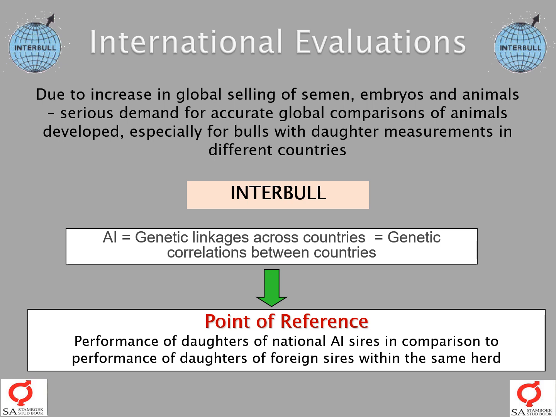And that is why it is so important that our South African breeders also use our national AI sires in their herds, because this is a point of reference with which the genetic levels of different countries are being established by Interbull.